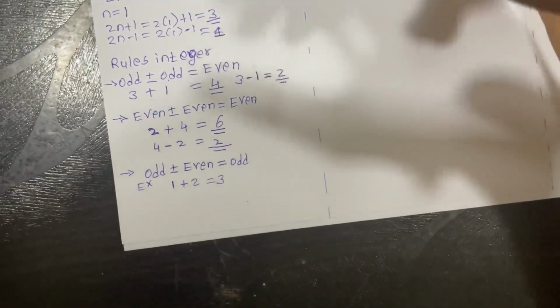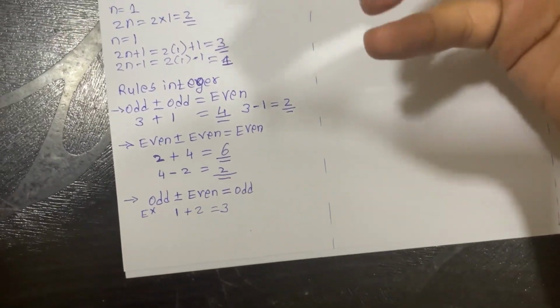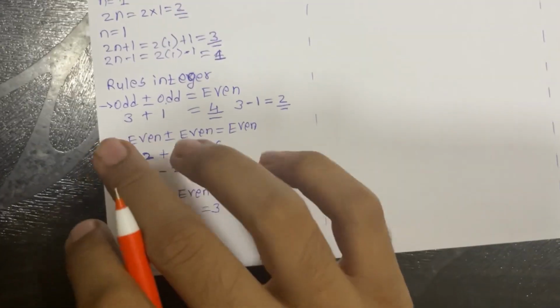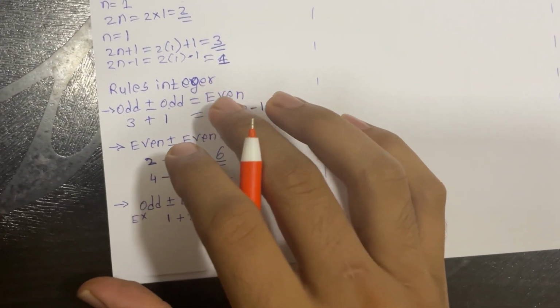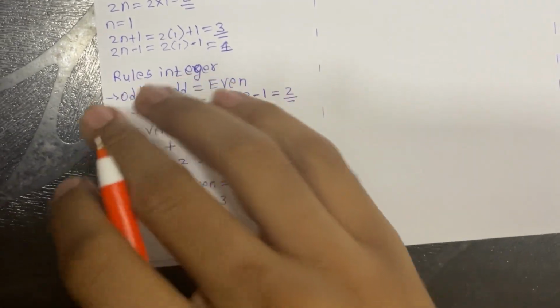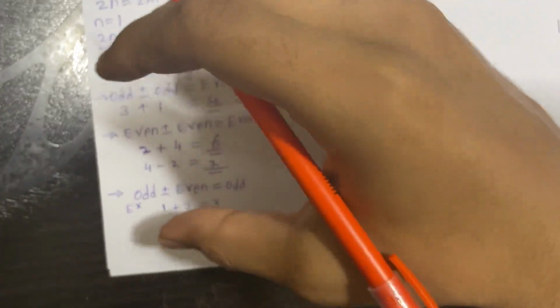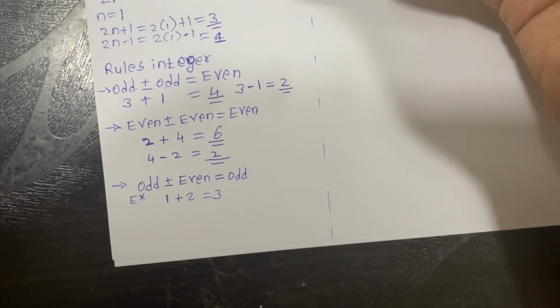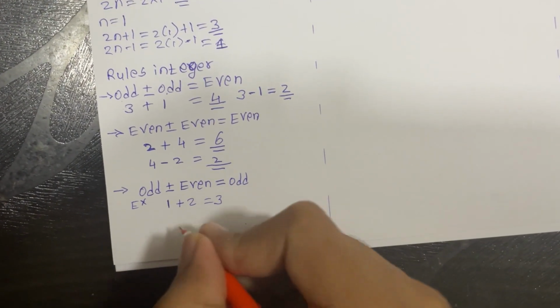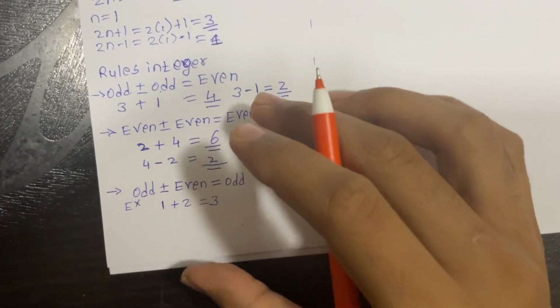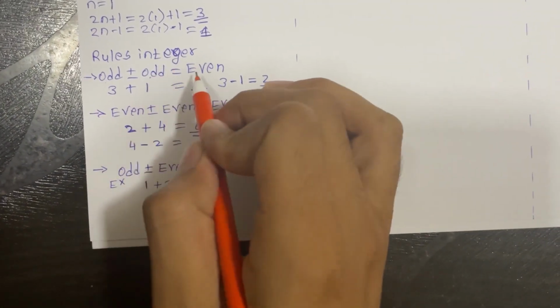So these rules are applicable when we do simple addition or subtraction. If we get 3 plus 1, then we should know that the value will be an even number if we get two odd numbers. So where this rule is applicable, when there are complex multiplication, additions, if we are given a plus b plus minus d in that form, so we have to just know our basics, like odd or even.